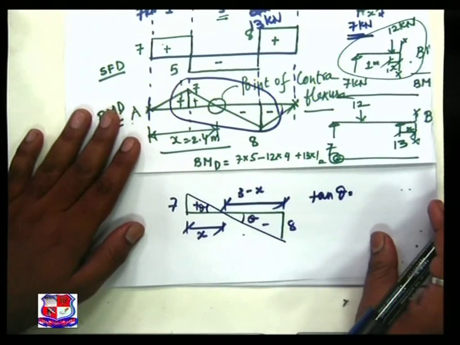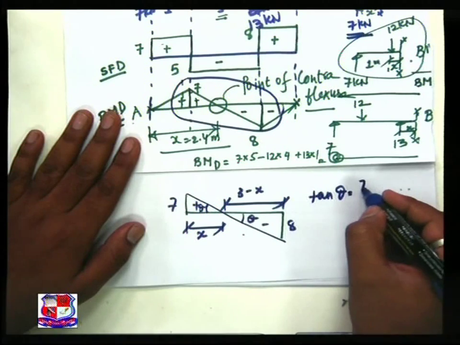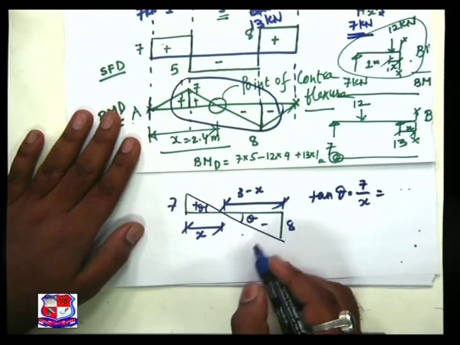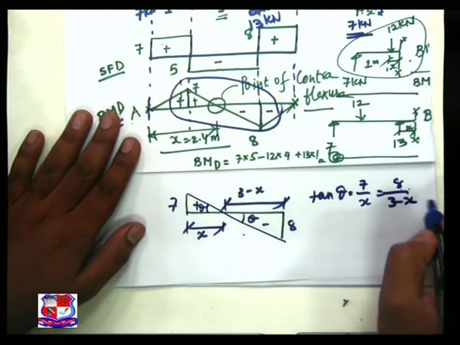What is the tan theta? Yes, opposite side by nearest side. 7 by x is equal to, once again tan theta, opposite side by nearest side.